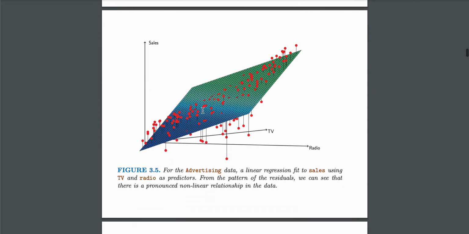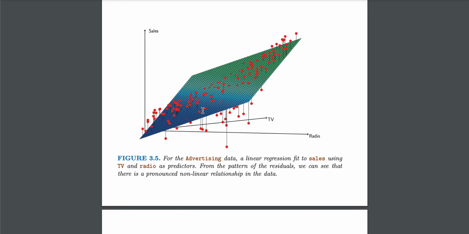And here is just a geometric illustration of what it means to perform multiple regression. We have sales, and we regress it against TV and radio. For any combination of amount of advertisement made on TV and radio, there's a corresponding sales, which is the red dot, and linear regression finds a hyperplane.